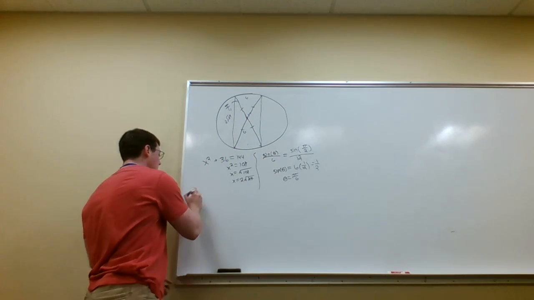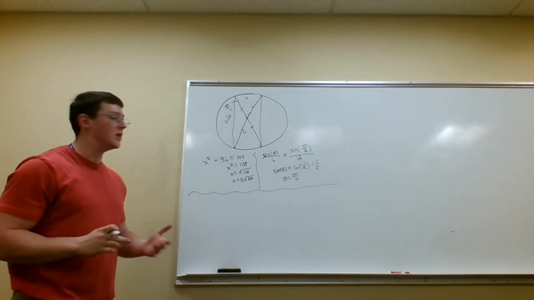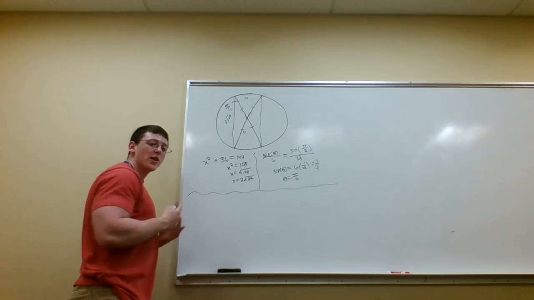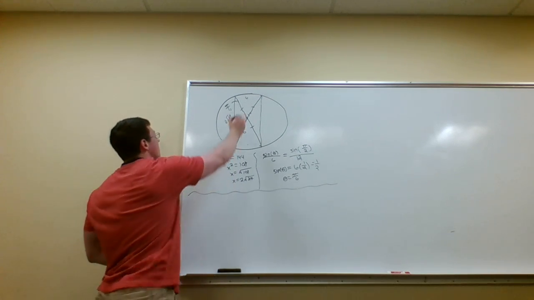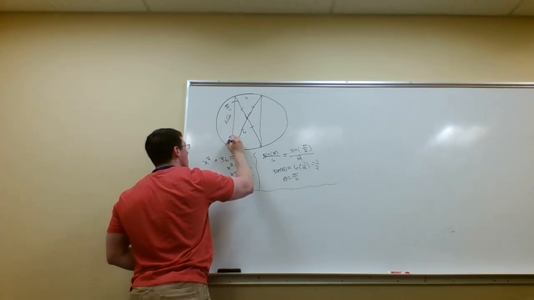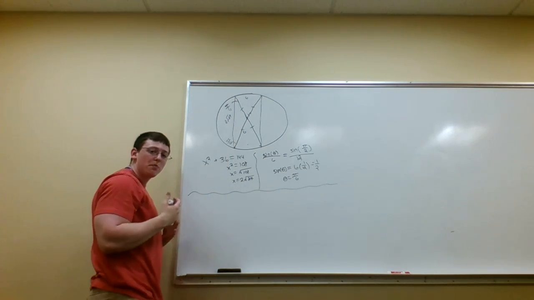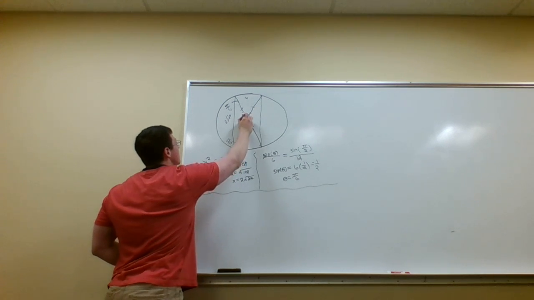So, in order to find the area of the sectors, I'm going to need the angle that's right here, because the formula is 1/2 theta times r squared. So we know the radius, but not the angle. Well, if these two are congruent, then this angle is also pi over 6. And I can use the fact that a triangle has pi radians in it, or 180 degrees. So I can say this angle is z.